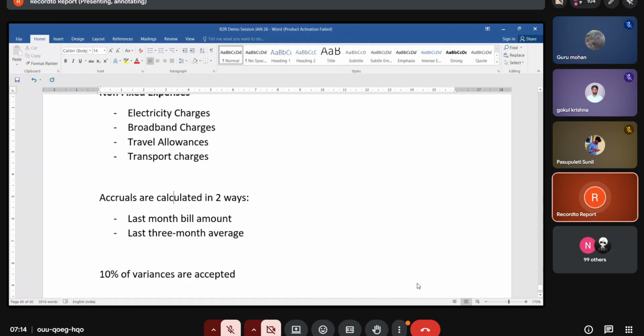We don't know the amount of accrual to be booked for the expenses at month end. How will they calculate? They will take either the last month bill amount or the last 3 months average.